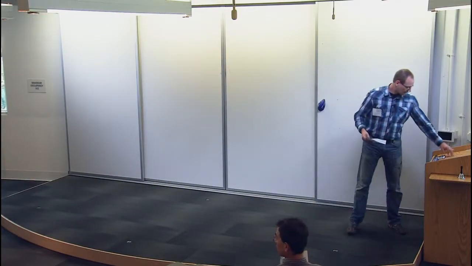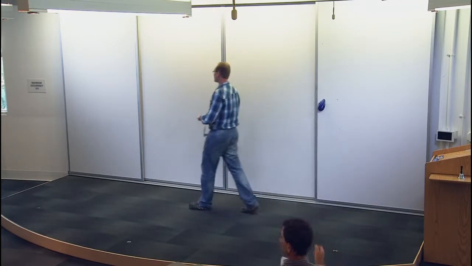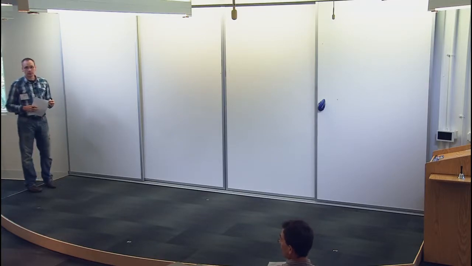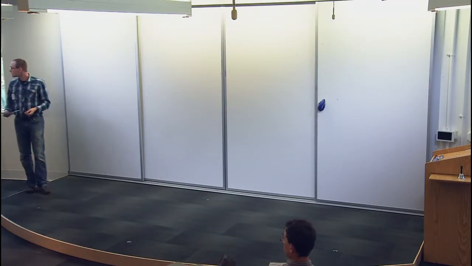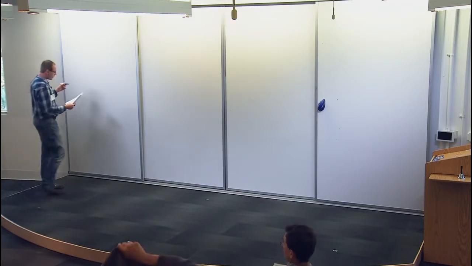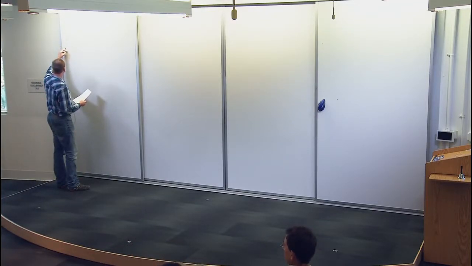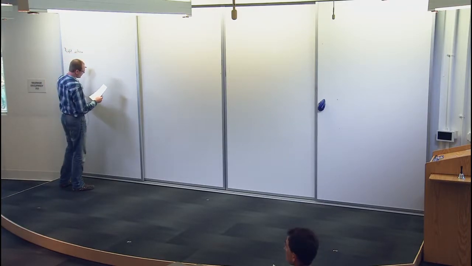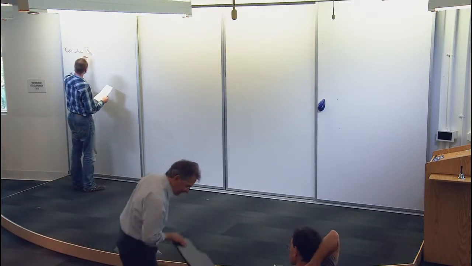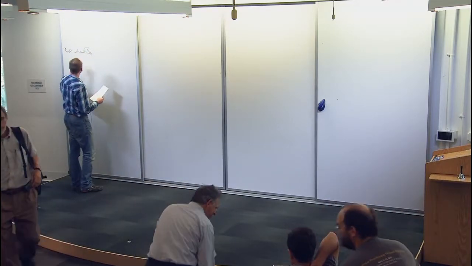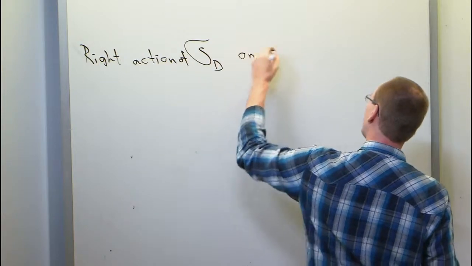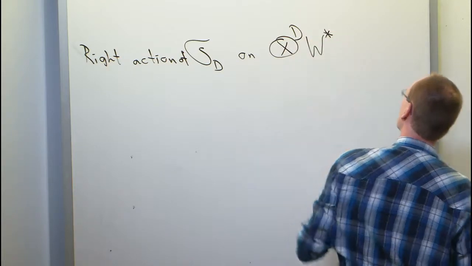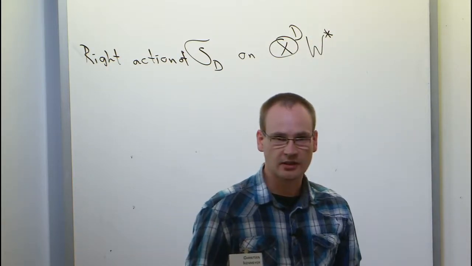So last time was about representation theory, and we will now connect this to polynomials and how to write these polynomials down. Remember, we had the symmetric group acting a lot. We have a right action of the symmetric group on d letters, and now I want to have the dth tensor power of some vector space, and I want to call it W star.